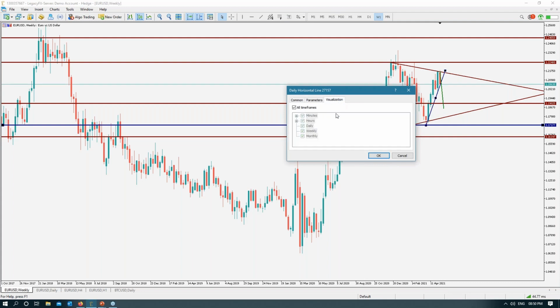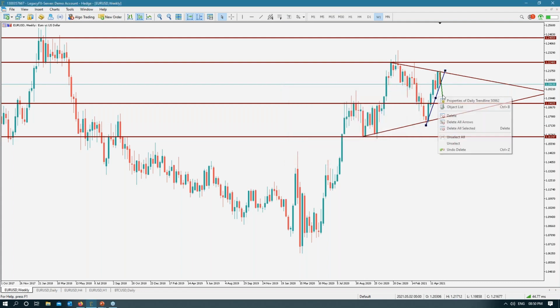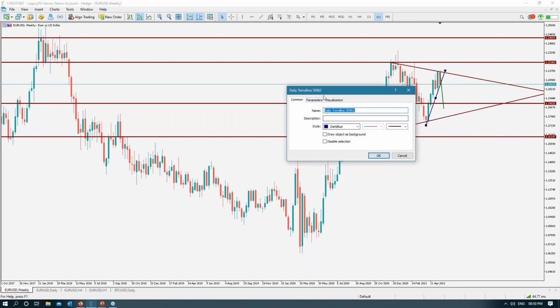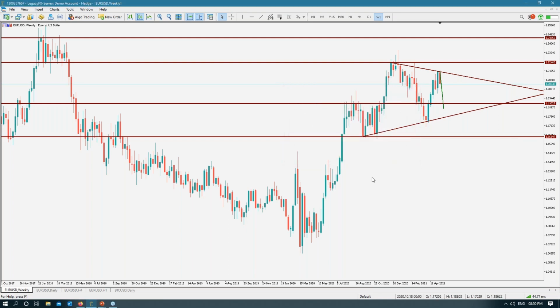Why don't I want to see them in the day, in the week, or the month? So now it's clean. Now I only have the relevant information to me on a week chart.